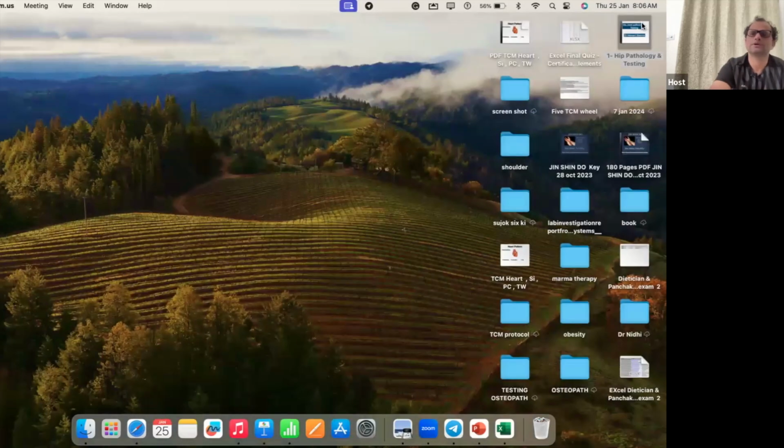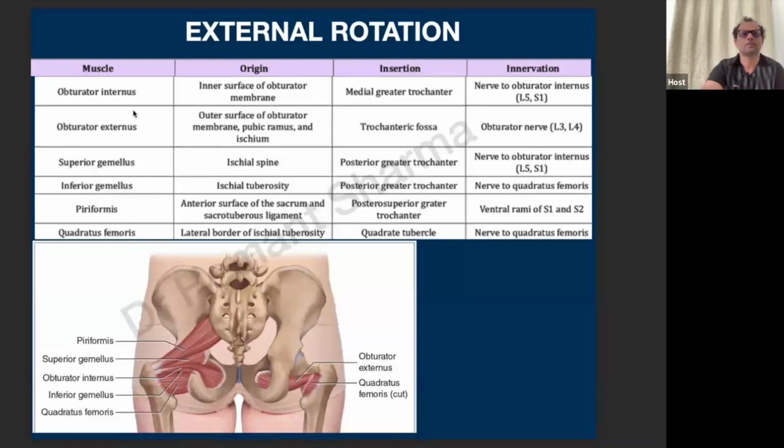Now look at this diagram. We can see that the obturator internus and the obturator externus muscles get their nerve supply from the obturator nerve. If the muscle is named obturator, the nerve supply is also obturator. Got it?